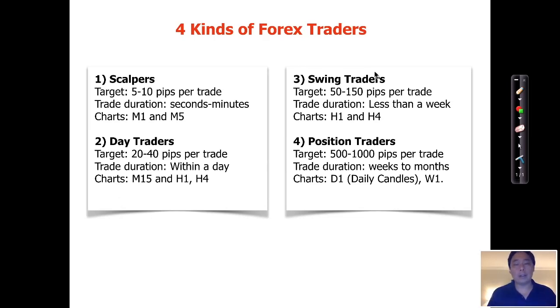Whereas with swing traders, it takes about a couple of days to close the trade, so they may not take as many trades. And position traders will take even fewer trades because their one trade lasts for a few weeks, months or even years. Day traders would look at charts and analyze based on 15-minute candles or 1-hour candles or 4-hour candles.